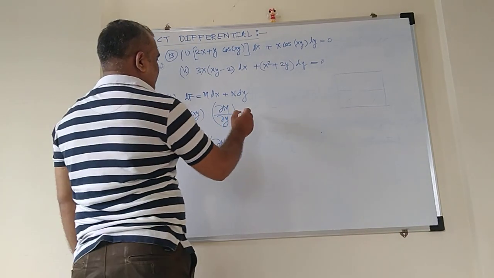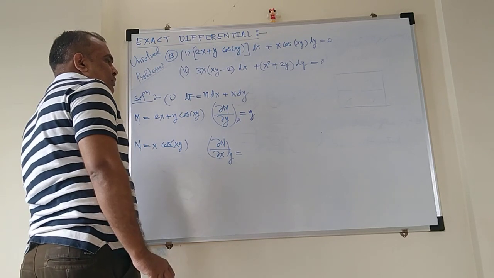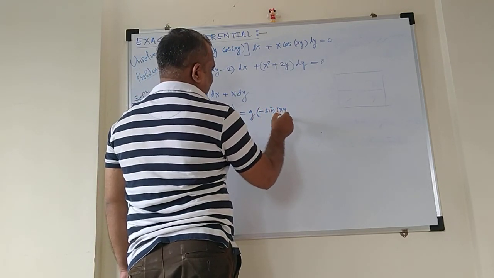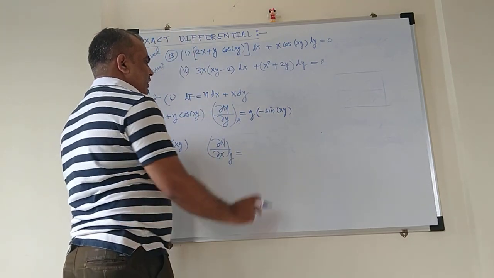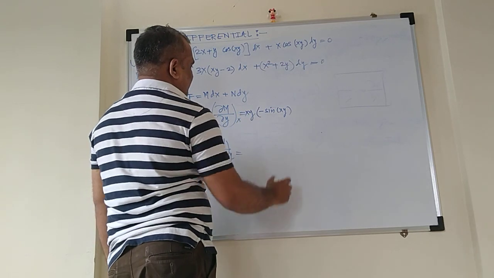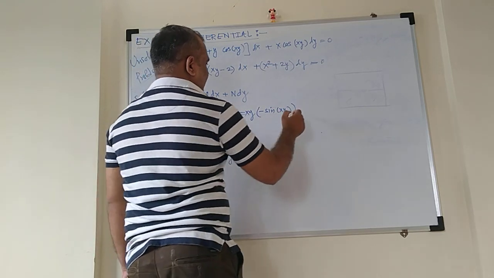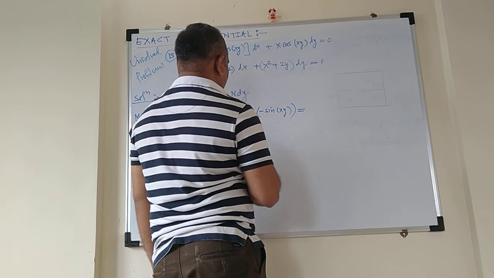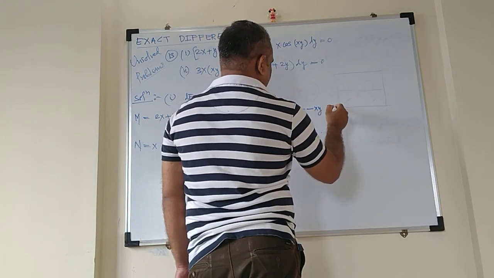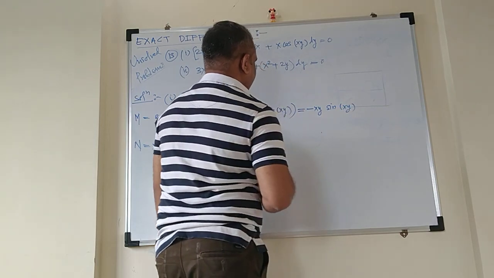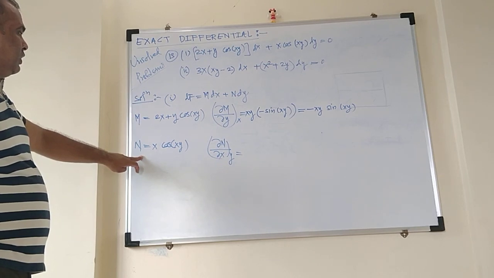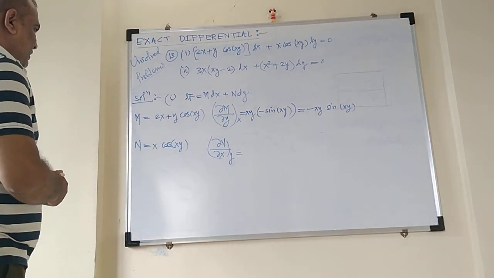So first function into differentiation of cos(xy) is minus sin(xy) into differentiation of xy with respect to y, which is x. Got it? That means the value of ∂M/∂y is equal to minus xy sin(xy). Simple.